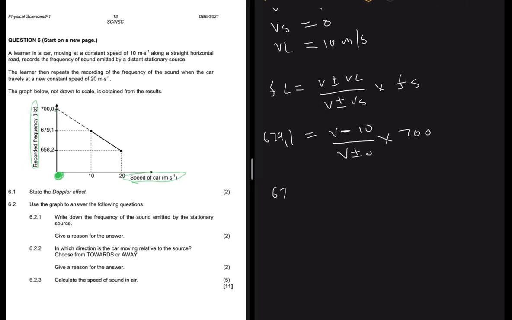So if we write this nicely, we get 679.1 equals V minus 10 divided by V multiplied by 700.